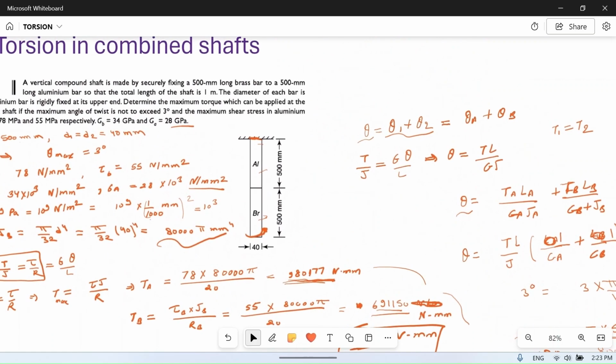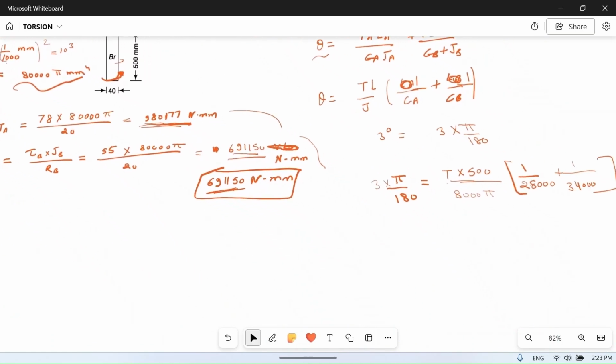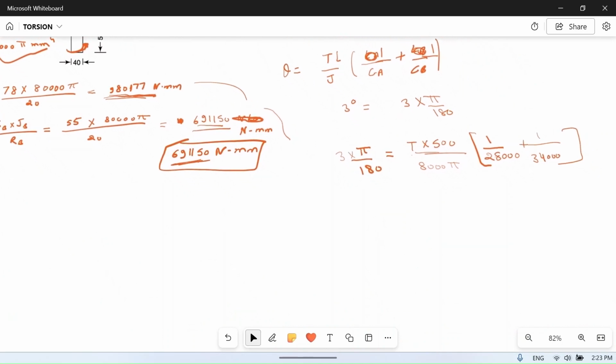It is given in the question, 28 and 34. If you calculate T from here, you will get T equal to 404,120 Newton mm.